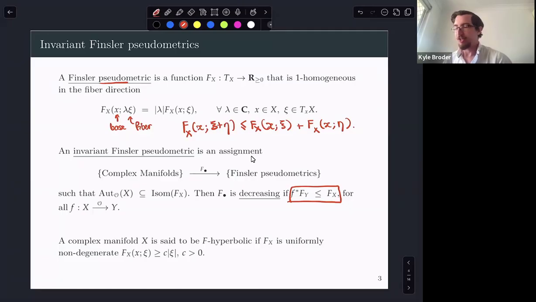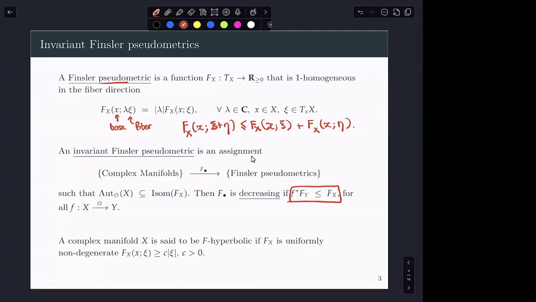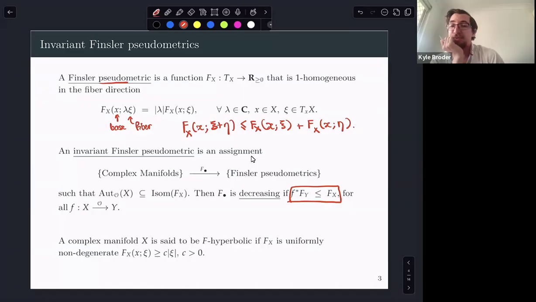Okay, so this is pretty abstract. So question, this is a rude question to some extent: why are we interested in Finsler pseudometrics? Because they're forced upon us. No one wants there to be a Finsler pseudometric. One would much rather have a Hermitian metric or a Kähler metric or something much nicer. But it turns out that these various notions of hyperbolicity that were discovered, which I will allude to very soon, are characterized in terms of non-degenerate Finsler metrics.